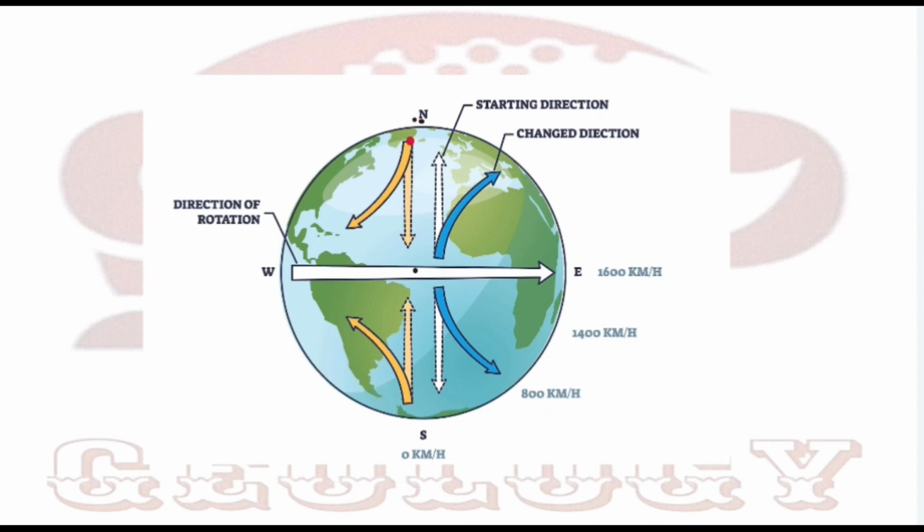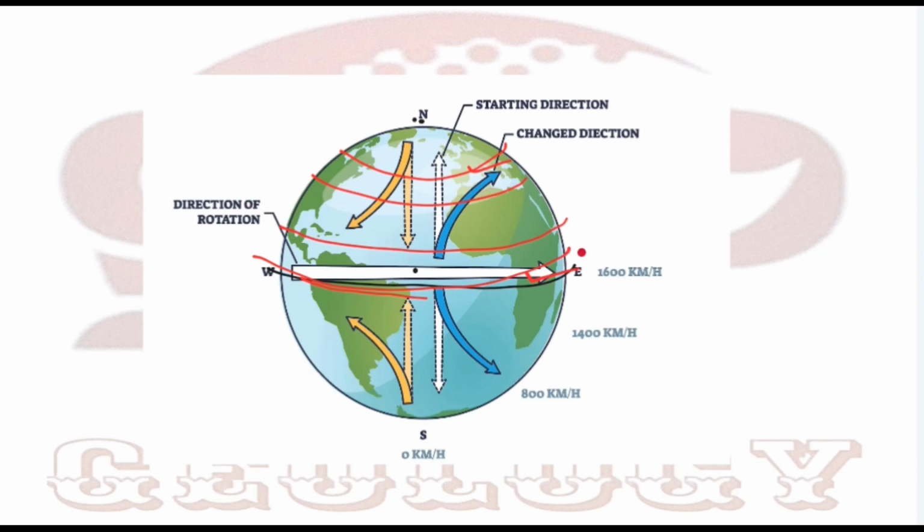In the equatorial part, the Earth has to cover more distance than the polar part, because the radius gradually decreases towards the pole. So in this part, Earth has to cover a lesser distance than this part, but they all are covered in one day.